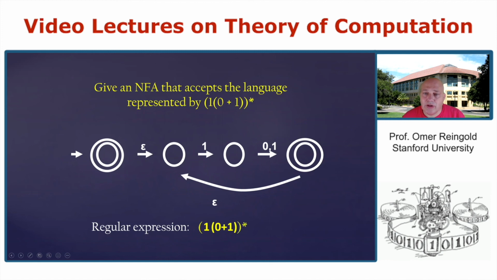So now this NFA corresponds to the language accepted by this regular expression. This is the kind of exercise you may be asked to do, taking a regular expression and turning it into an NFA.